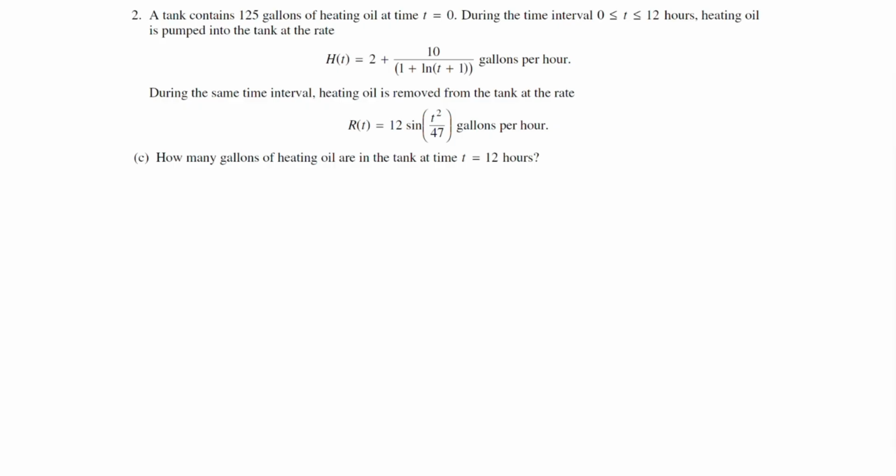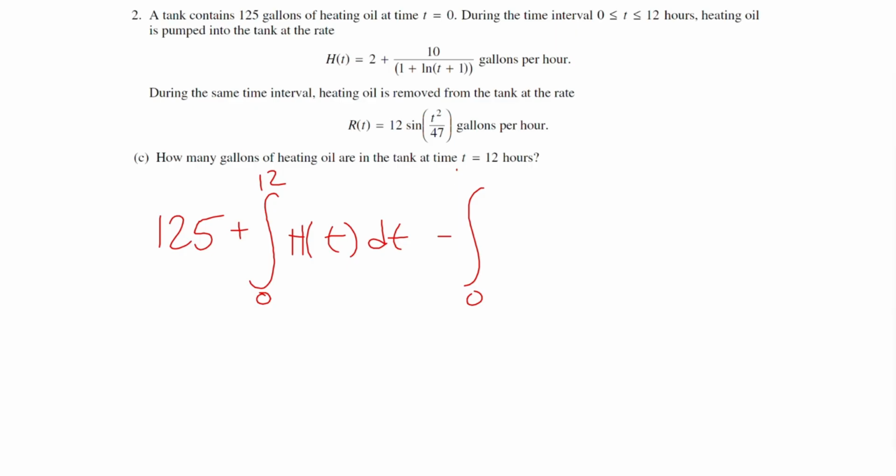In part C, it wants to know how many gallons of oil are in the tank at t equals 12. Well, all we have to do here is just do the initial amount, 125, and then integrate the amount to find the amount that's gone in on 0 to 12, the integral of h of t dt, and then subtract the amount that has been removed on that interval.